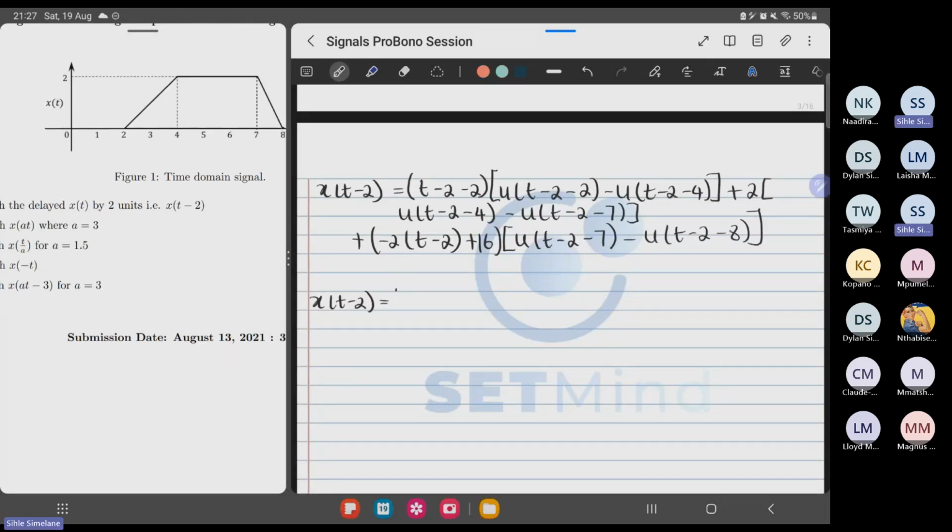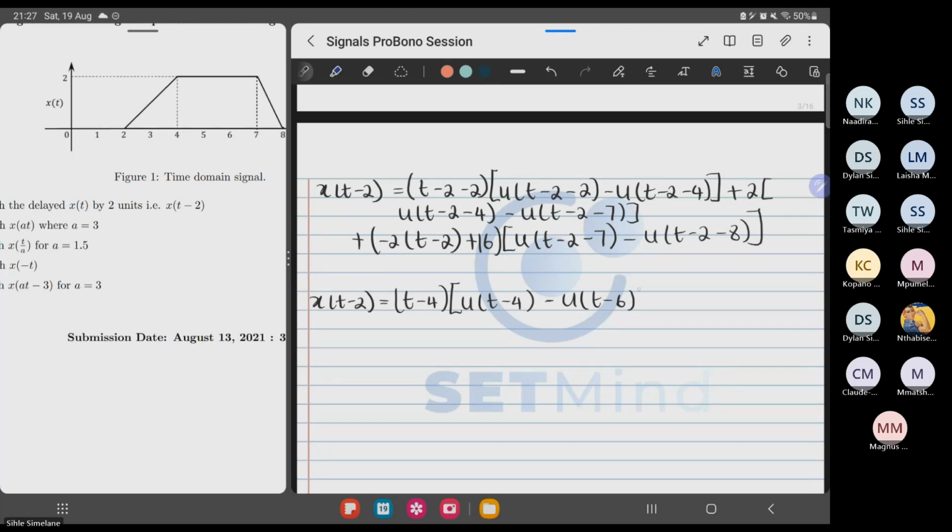If you look carefully, we'll end up having t minus 4 into u of t minus 4 minus u of t minus 6, close the bracket, plus our function is value 2 for u of t minus 6, and then minus u of t minus, that should be a 9.